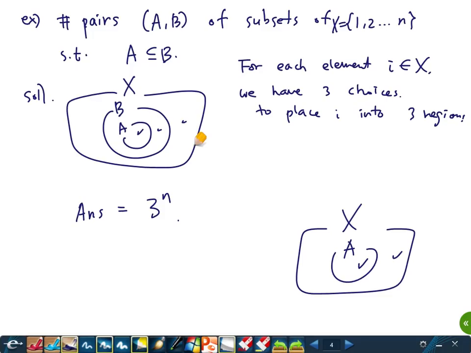Okay. So this is the multiplication principle, and a counterpart of this is the addition principle. So the addition principle is like this. It's even simpler.